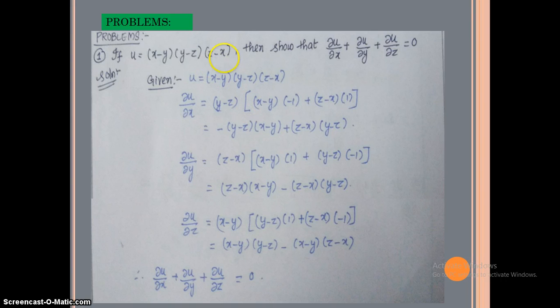So first I fix x minus y as it is, then the differentiation of y minus z is 1, z is 0, plus next I fix y minus z as it is, and the differentiation of x minus y with respect to y gives minus 1. Next we simplify this and get z minus x into x minus y, minus z minus x into y minus z. Next we take dou u by dou z. Which one is the constant term? x minus y is the constant term, I can take it outside. The remaining thing is y minus z into z minus x, using uv form.